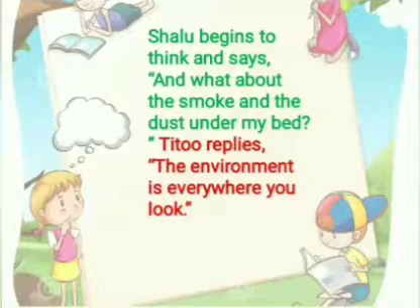Shalu begins to think and says, "And what about the smoke and dust under my bed?" T2 replies, "The environment is everywhere you look." Yes, so now Shalu is saying that the smoke and dust is under her bed. So under the bed is the correct answer.